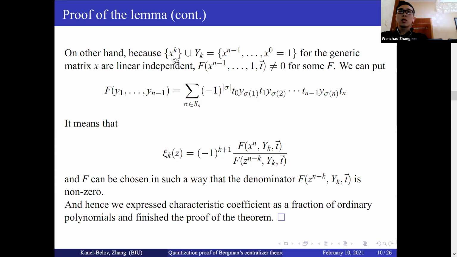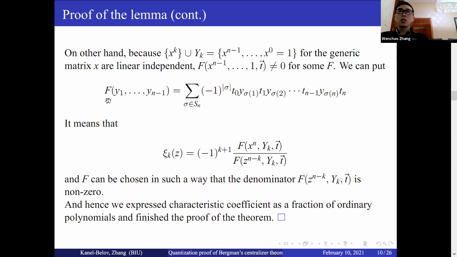On the other hand, this x^k combined with y^k gives 1 to the n minus 1 for generic matrix x. They are linearly independent. So this f(x_1, ..., x_{n-1}) is non-zero for some f.